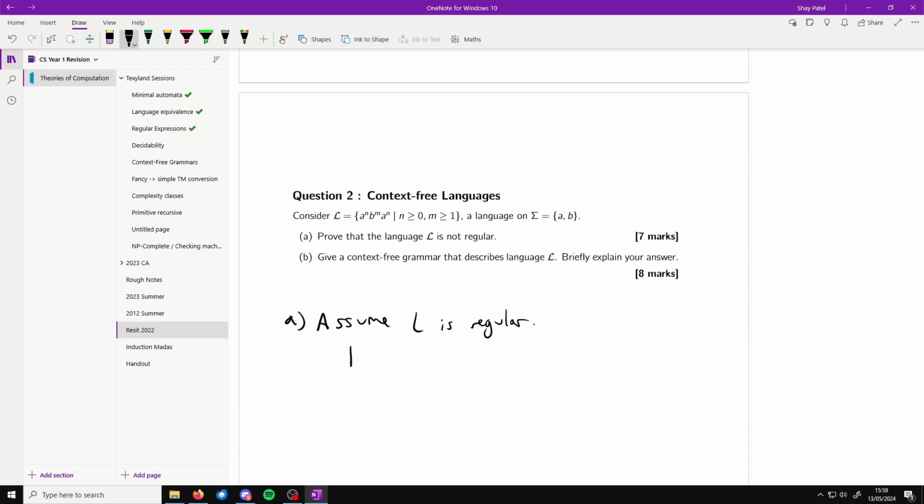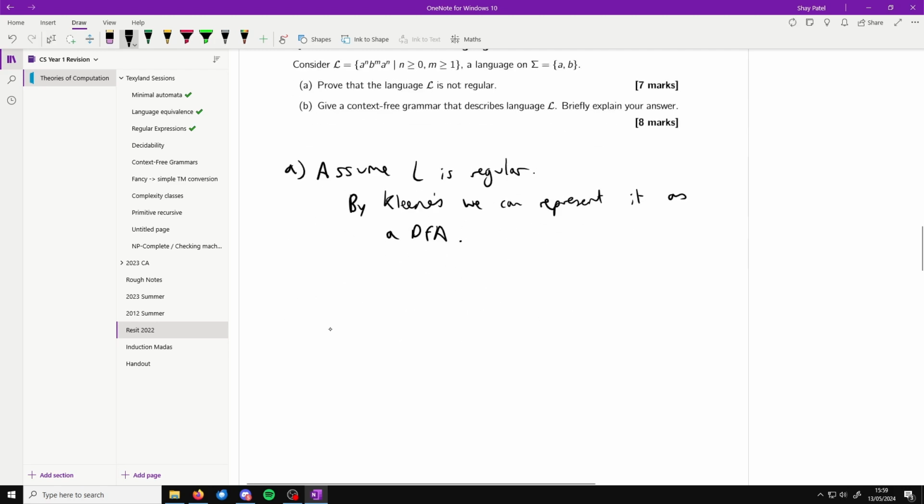If it's regular, then by Kleene's theorem, we can represent it as a DFA. So let's say we have our initial state. Let's try and make a DFA which accepts this language.